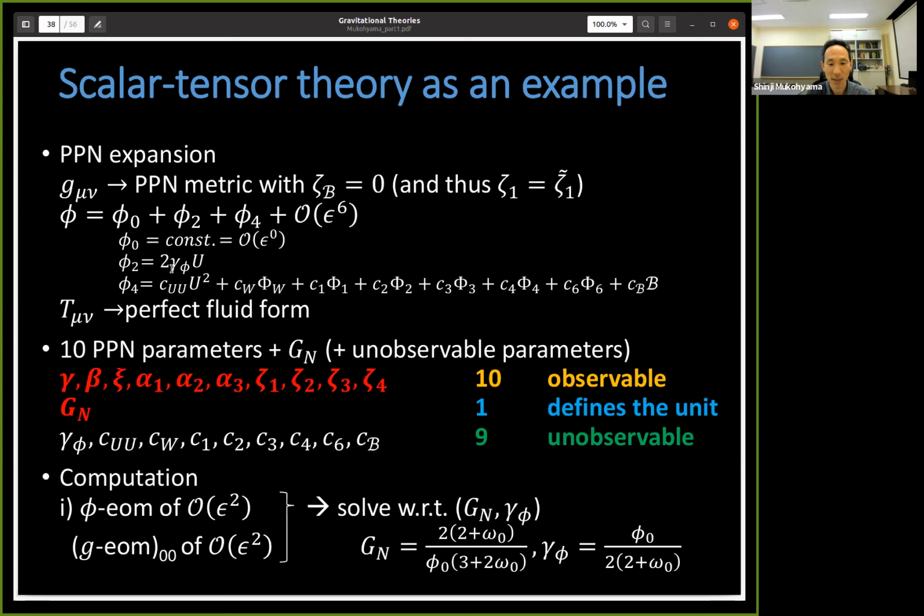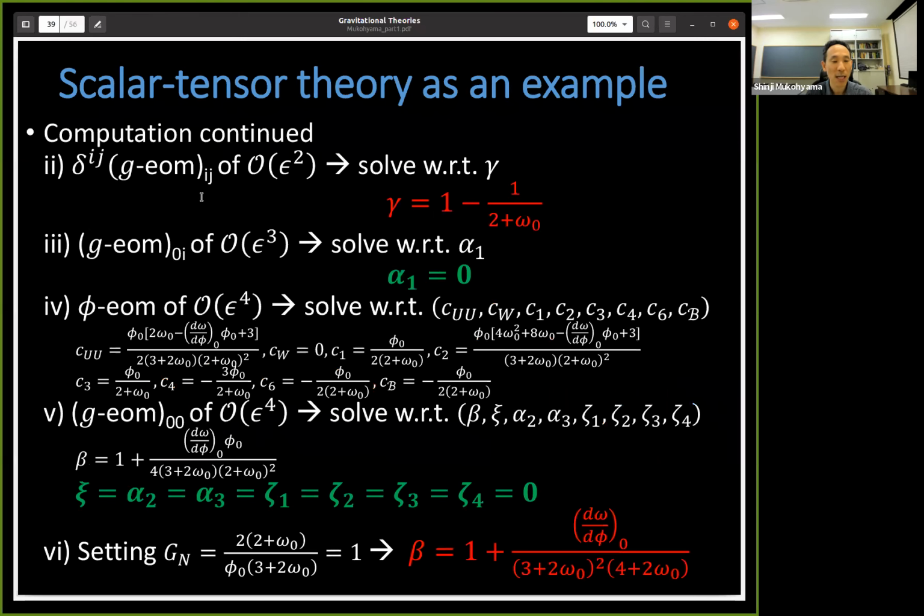Gamma phi is the coefficient of this; it is unobservable, but we need to determine it to go to the next step. Then G Newton is given by this. In the second step, we consider the trace of the spatial part of the Einstein equation at this order. We can compute gamma. This is an observable quantity.